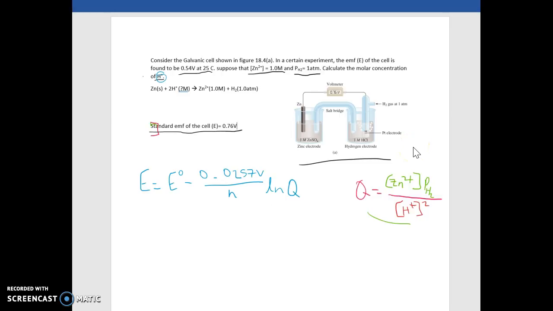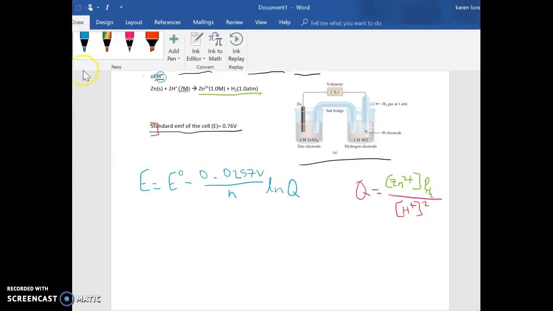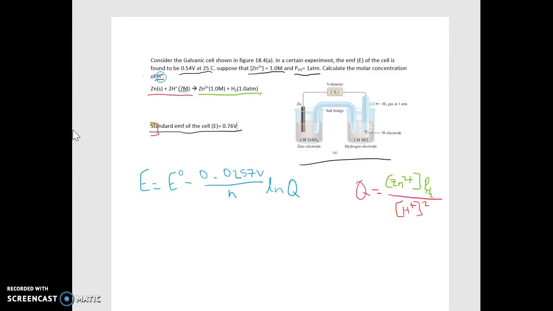As you can see over here, I wrote down the concentration of our products over the concentration of our reactants. The top is going to be our zinc 2 ion and our hydrogen gas at standard atmospheric pressure, and our reactants are the zinc solid and the 2 hydrogen ions.